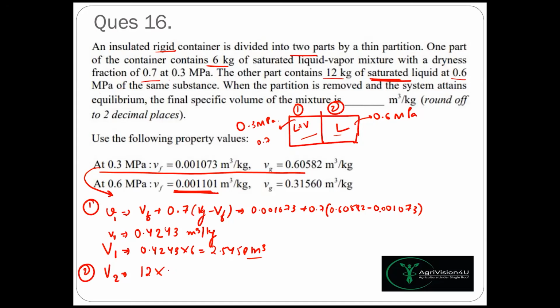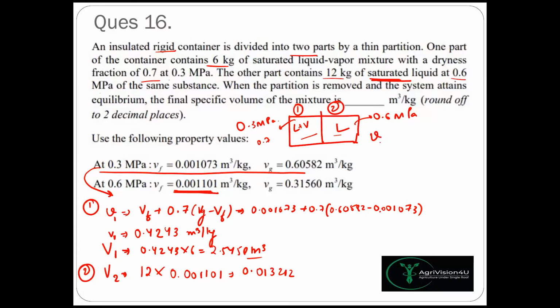So that will be equal to 12 multiplied by 0.001101, and it will be equal to 0.013212.